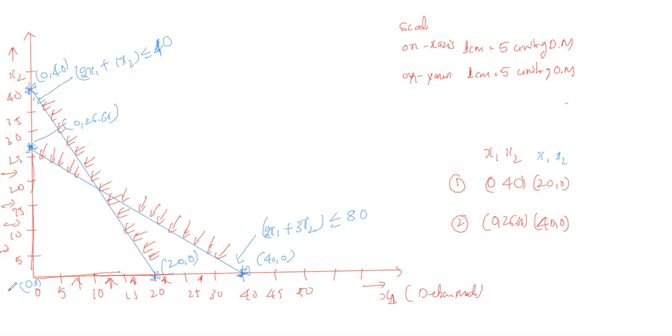Now all the constraints are completed. What we have to do is find the area that will satisfy all the conditions. If we consider this area, our solution has to be below this line, but here the area is above the arrow mark, so this is not suitable. So we cannot go for this area.